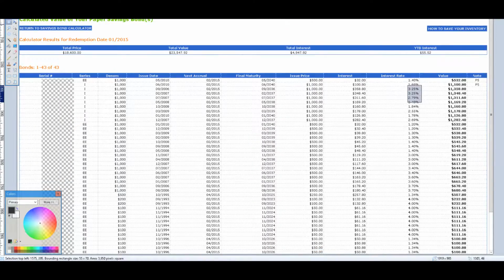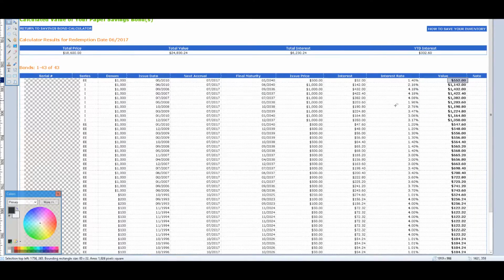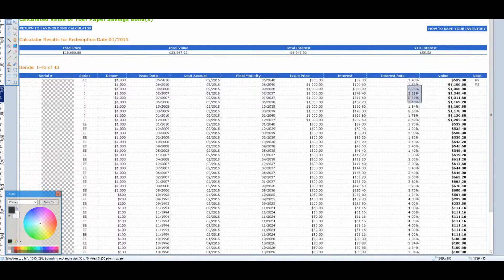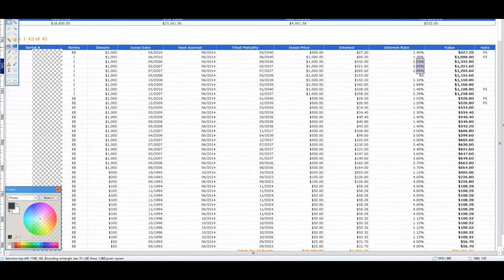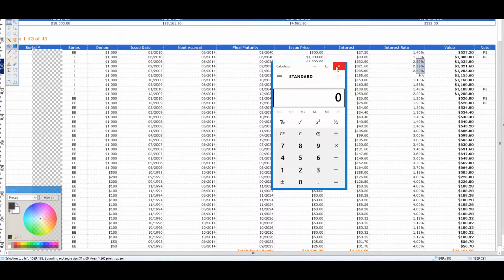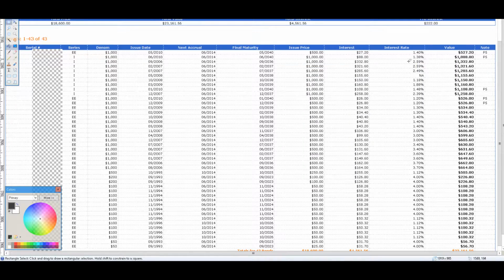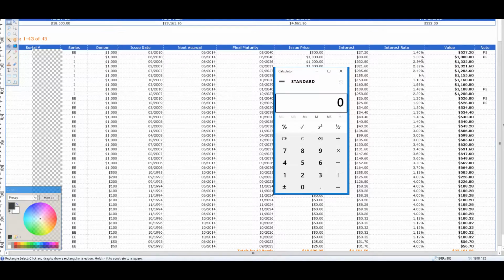So I actually have 2014, 2015, 2016, 2017, interest rates that have fluctuated. So what we can do is take the average of these years, and we'll just start with this first one right here. Let's go ahead and I'll actually grab the third one. I'm going to use the third one as an example.